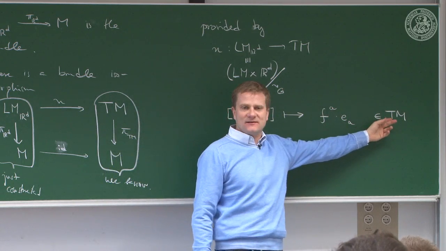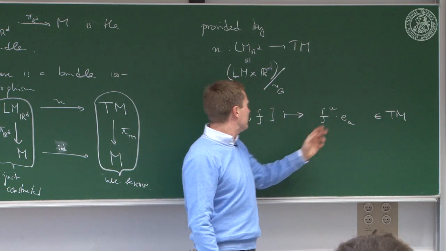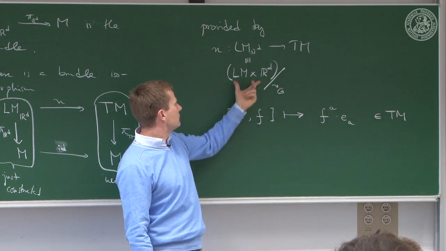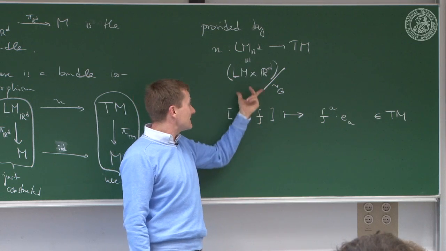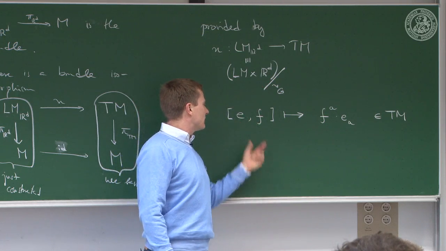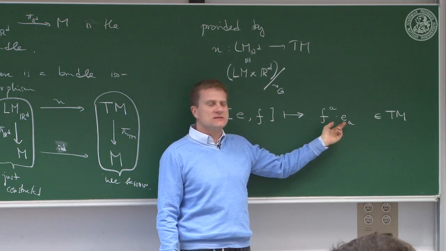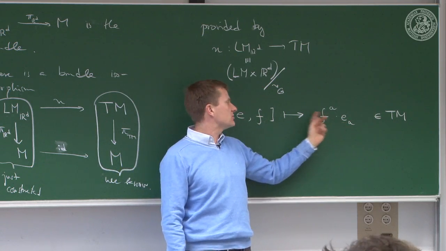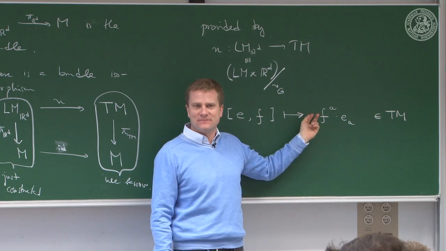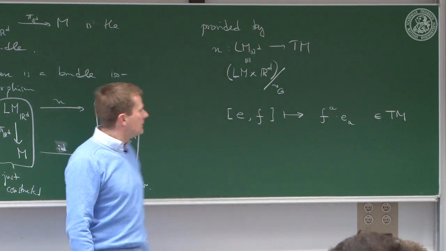So this is an object that's invariant under the action of the group G, as it is expressed by virtue of this equivalence class. And that's precisely what we mean as physicists if we say if you change the frame, you've got to change the components the opposite way. Okay, so this is why this looks like this.